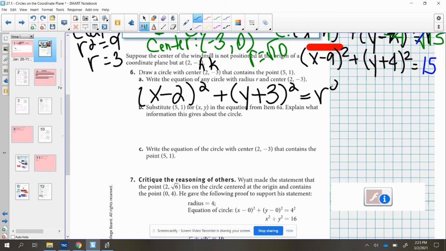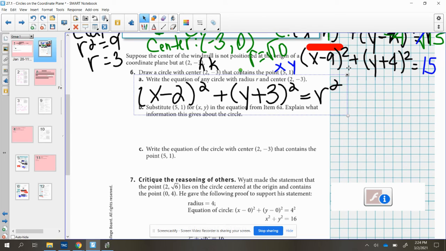And that again is going to equal our r squared. But the problem is we don't know the r squared right now. So what they want us to do is substitute in for x and y. Since we know this is a point on the circle, we're going to substitute this in for x and y. So it's going to be the exact same thing we have written here.